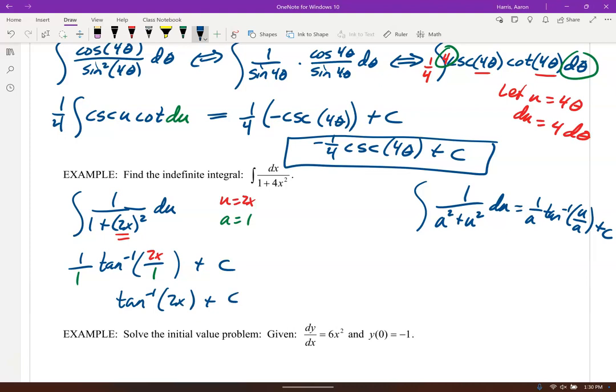Oh my goodness, I'm so sorry. I messed this up. My u is 2x here. I do have to account for my 2x. My apologies on this. My u is 2x, so my du is 2 dx. I forgot to put that in. I've got to offset it with a 1/2 out front. There we go. So we've got 1/2 arctangent of 2x plus c, right?